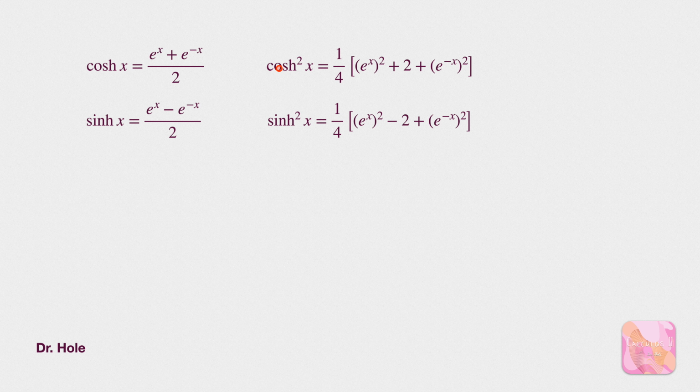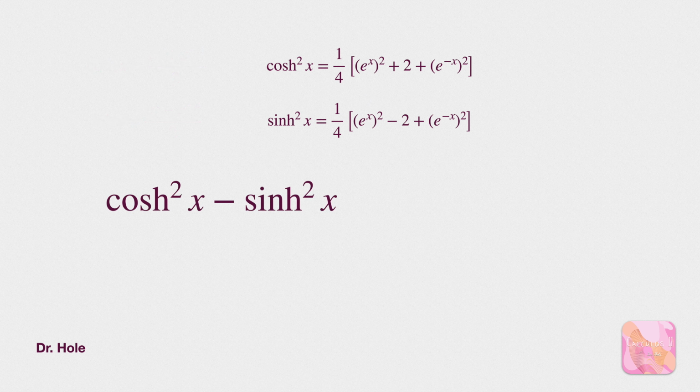So if these were the regular trig functions, cosine squared plus sine squared would produce 1. Think of that right-hand side 1. And then look at these squared values. And we have e to the x times itself, appearing both in cosh squared and sinh squared. We can easily remove them if we take the difference of these two terms.